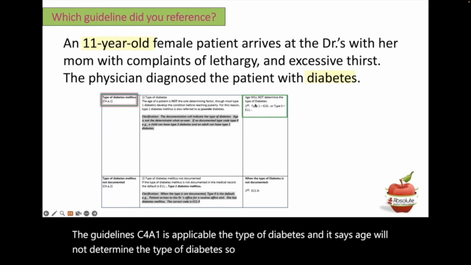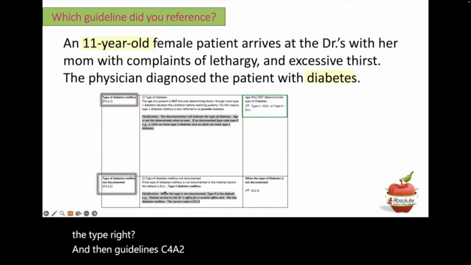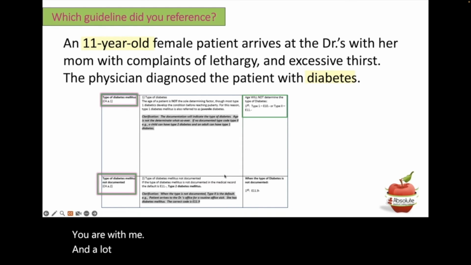So the doctor has to specify the type, right? And then guideline C4A2 says if the type of diabetes is not documented, then the default is E11.9. A lot of you said that. The doctor did not specify the type, so the default is E11.9.